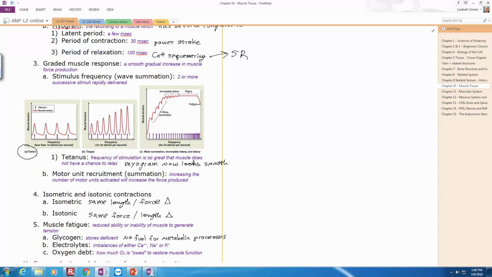So the second picture, this one, we increase the frequency, so we're hitting it about twice as often, so 10 to 20 stimuli per second. And notice that the contraction is getting stronger, okay? It still relaxes in between each one, but it's getting a stronger peak, so a stronger contraction, or almost contraction, if you will.